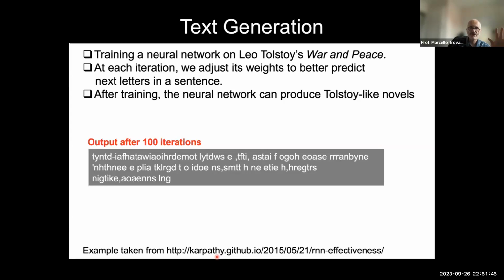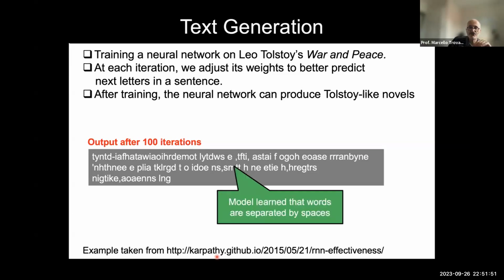Okay, so after 100 iterations, which is virtually nothing, we'll get just gibberish. But we can start seeing spaces and some commas. So the model has learned that there will be letters, and then there will be spaces, and there will be some punctuation, such as commas.